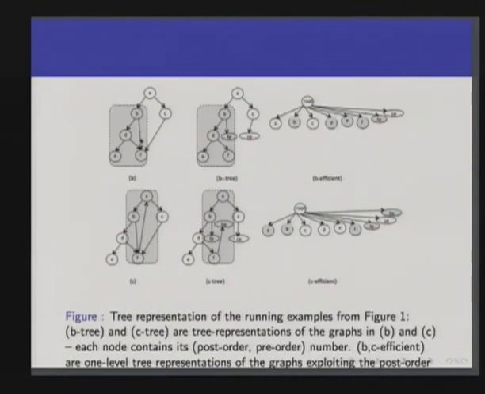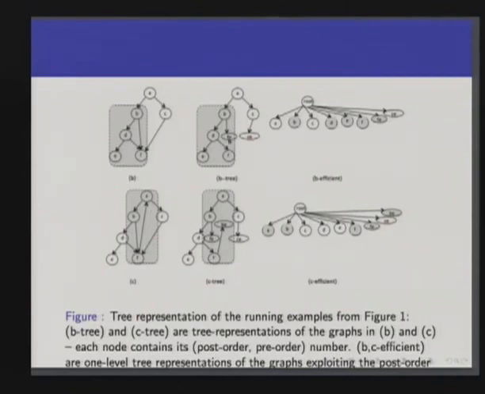Once I classify this edge as a forward edge, I can remove this edge from the original graph and create a new graph, and in that new graph I create a specialized node which I call, for example, a super node. Then I create a new edge from the original source node to that super node.